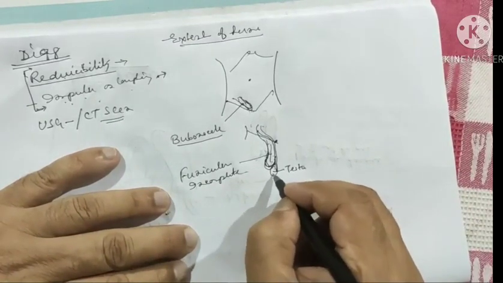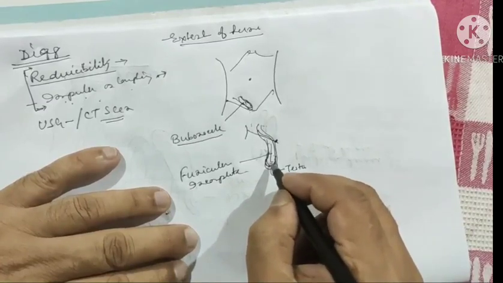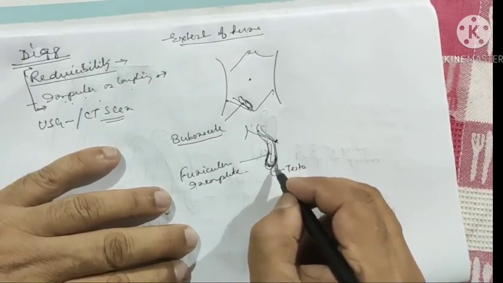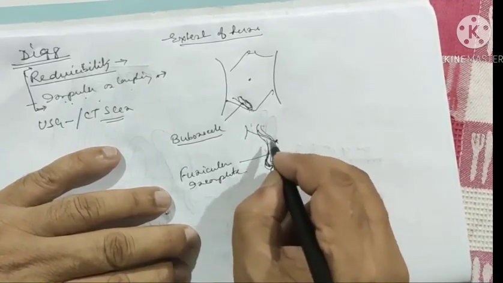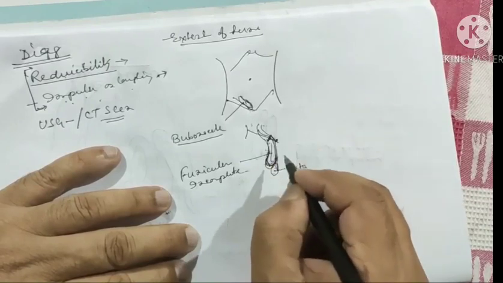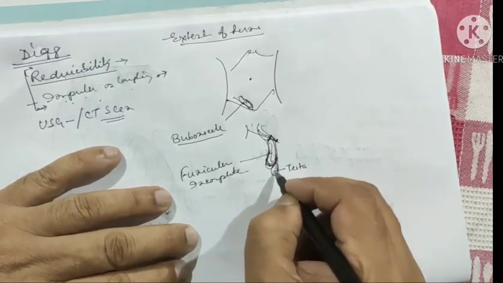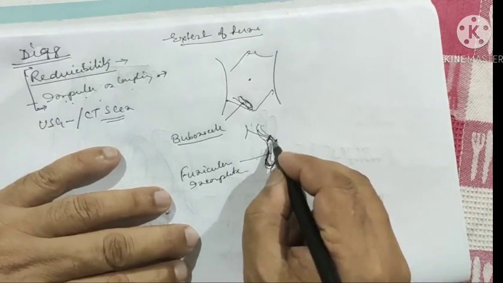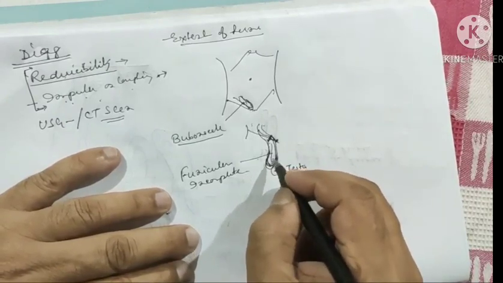Here you can feel the testis separately, and the hernia goes up to just above the testis. That means it crosses the superficial inguinal ring and ends in between the testis and the superficial inguinal ring, then it will be an incomplete hernia.